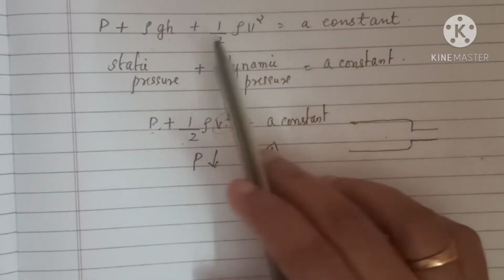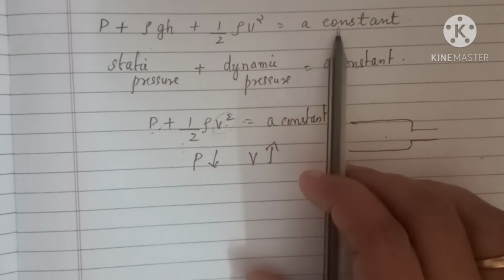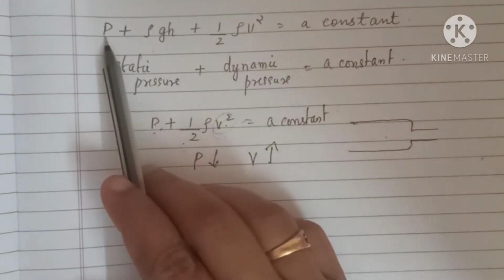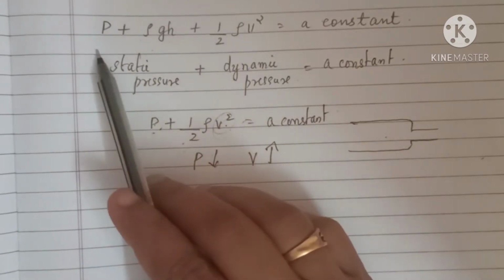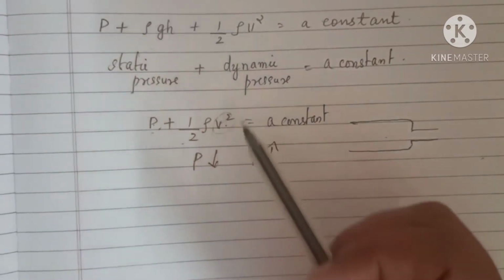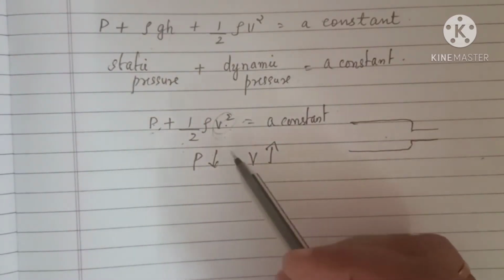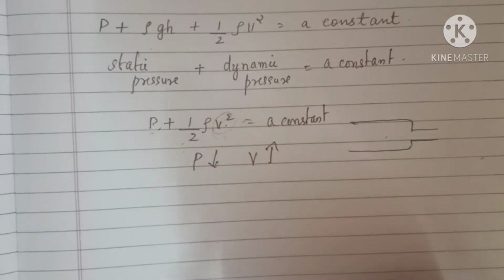To maintain this as a constant, when P increases v should decrease, or when v increases P should decrease. Based on this principle we are explaining the applications of Bernoulli's principle.